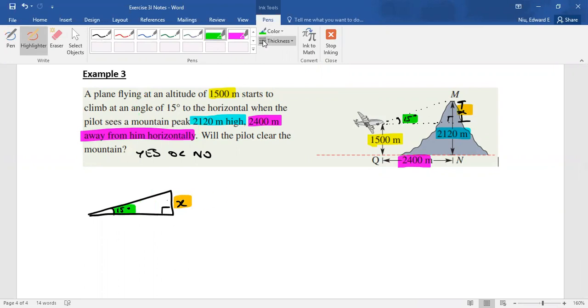From above, we know that the plane is 2,400 meters away, which is the part in purple. If this aeroplane is going to fly at 15 degrees for 2,400 meters, how high does the plane get when it gets to the mountain? Let's see what we get.